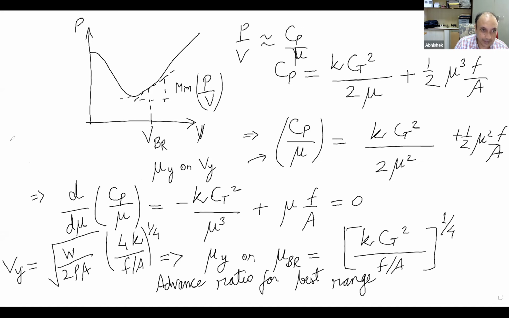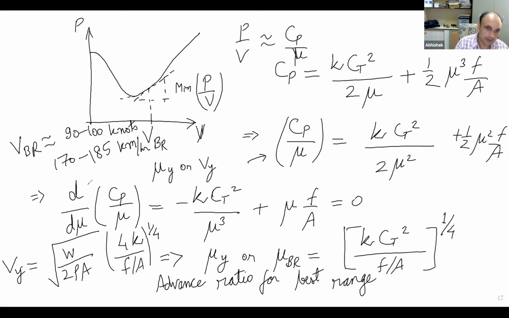Okay, the typical value for VBR for full scale helicopters would be 90 to 100 knots, which corresponds to 170 to 185, 190 kilometers per hour.